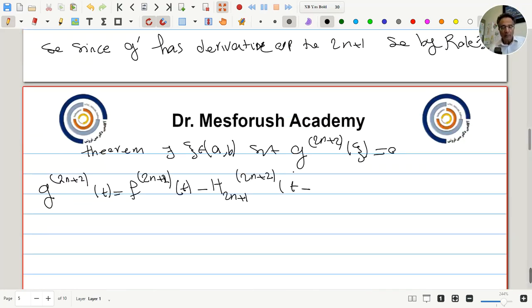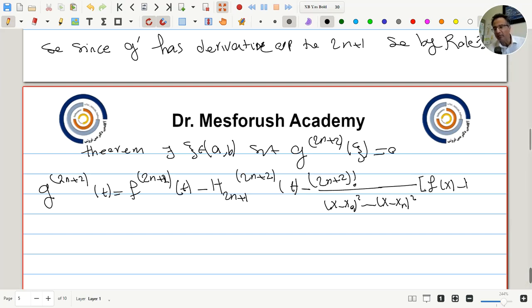Okay, so it will be minus (2n+2) factorial over (x minus x0) squared times (x minus xn) squared times f of x minus h_{2n+1} of x.